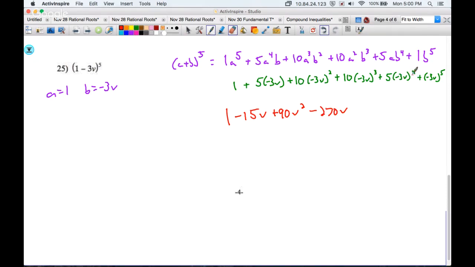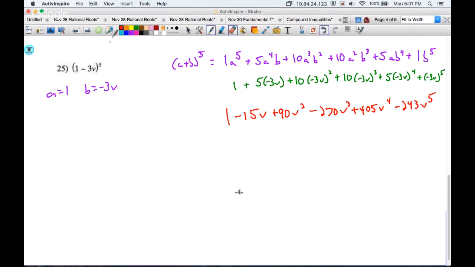Oh, this should have been a v cubed, so minus 270v cubed. Negative 3 to the 4th, that's positive 81 times 5. It's 405 v to the 4th. And then negative 3 to the 5th, parentheses, negative 3 to the 5th, negative 243.